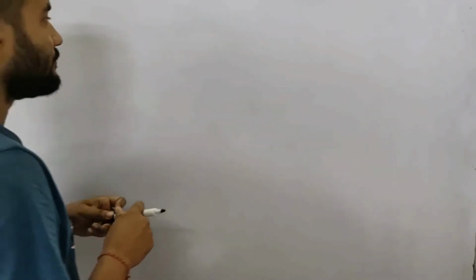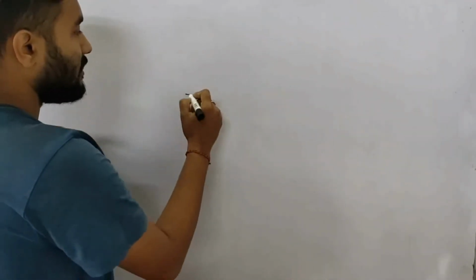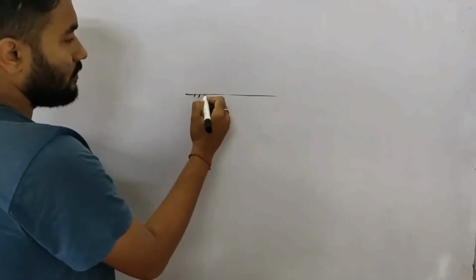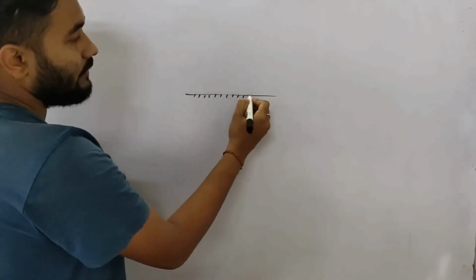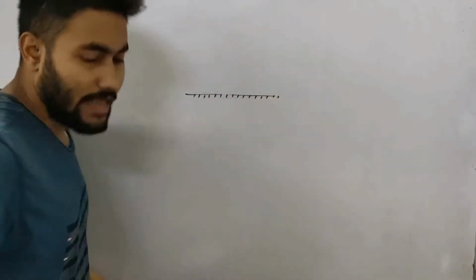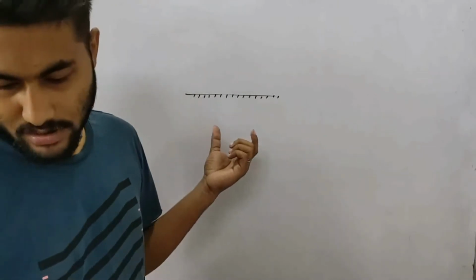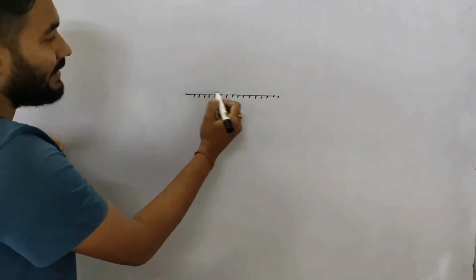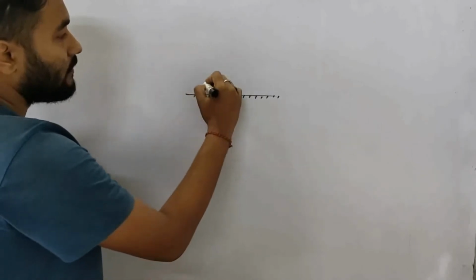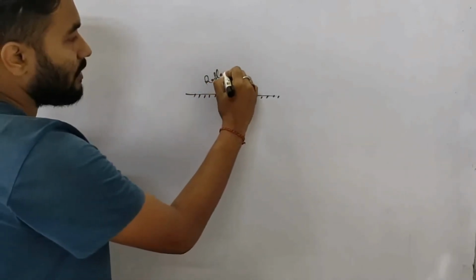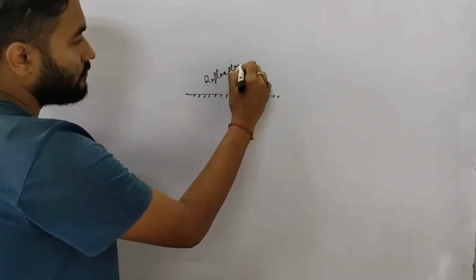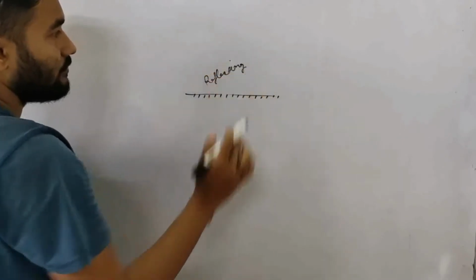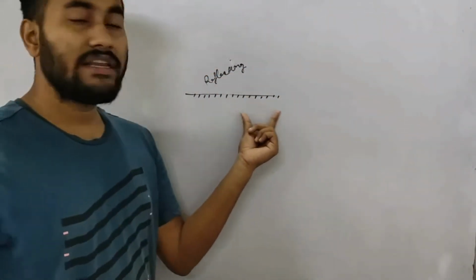Just see once. Let's say this is a mirror. You see these dashed lines are given in PQ and RS. If this is a mirror, this side is the reflecting part of the mirror, and this side is the rough part.